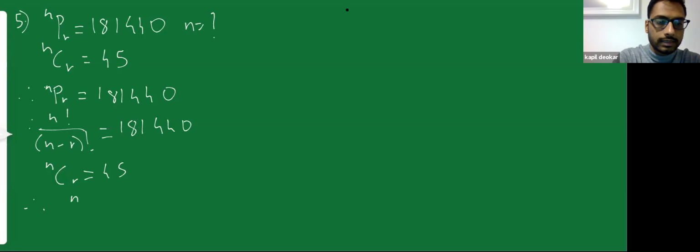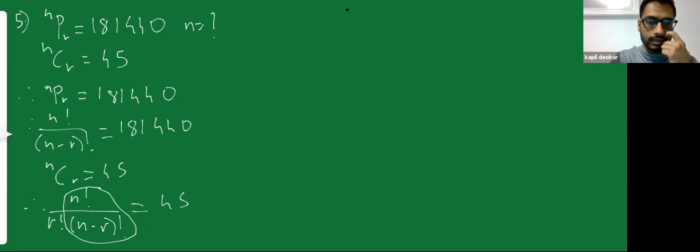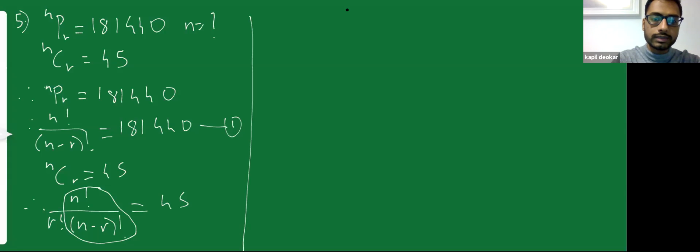Therefore, what is NCR? N factorial upon r factorial into n minus r factorial, which is equal to 45. But what is this term value? N factorial by n minus r factorial. I'll say this is equation 1. So from equation 1, I can see that the value of that term is equal to this. Therefore, instead of writing this term, I can write 181,440 upon r factorial is equal to 45.